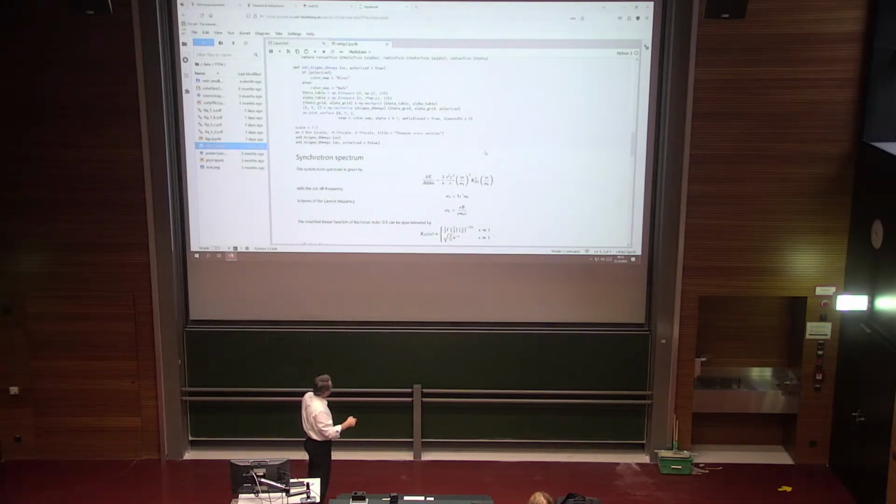The cutoff frequency is 3 times gamma cubed times the Larmor frequency. 3 times gamma cubed. We are talking about charges that may have Lorentz factors on the order of 10 to the 4. Right? This is an enormous increase in the frequency range.